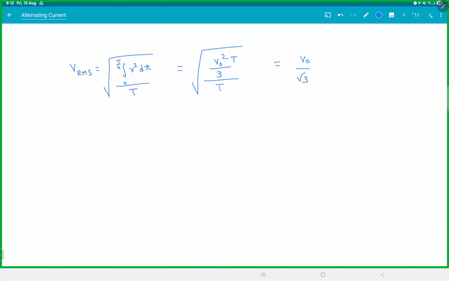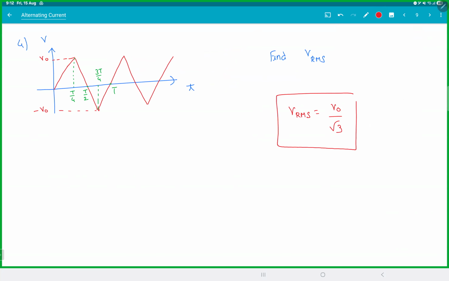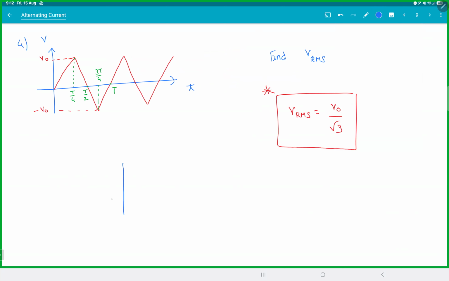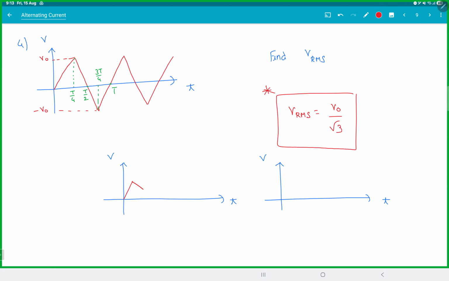And the best thing about this triangle function, definitely remember this. Quite a good result. The best thing, it doesn't matter what kind of triangle you take. You can take a triangle which is not symmetrical. Like it's periodic, but this is ending at T by 3 and this is T by 2.